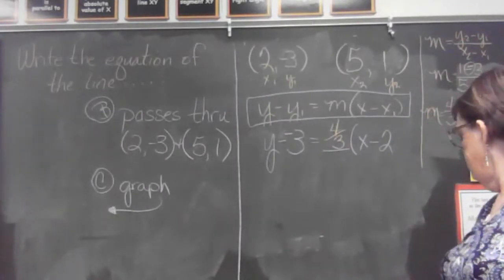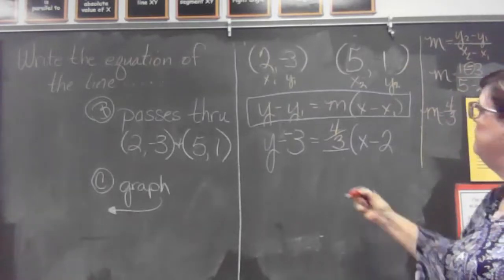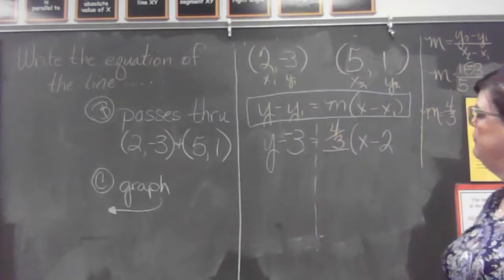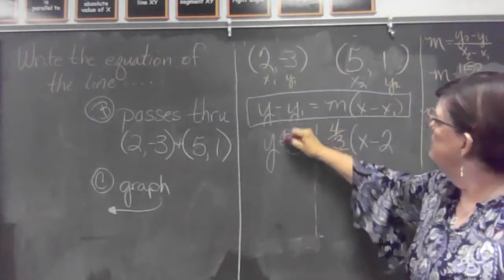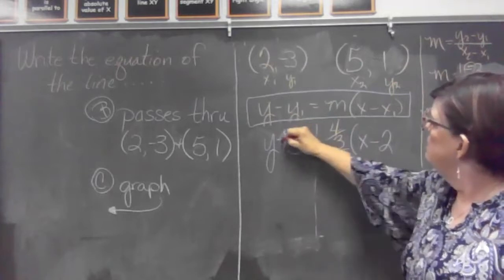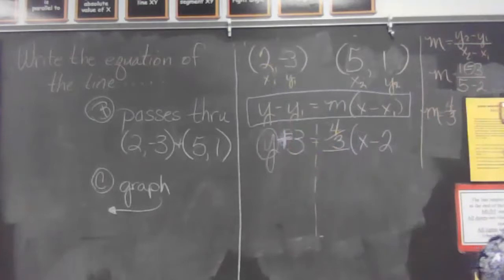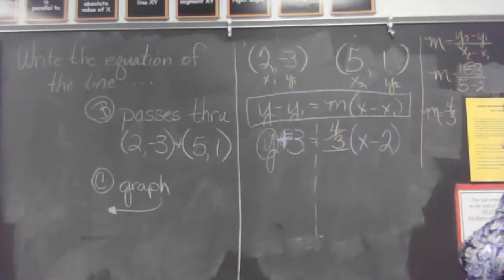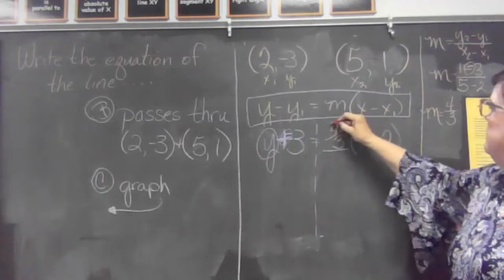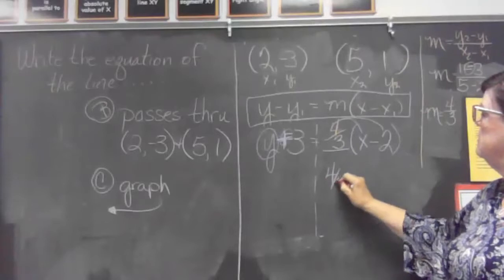So now you have, are there not any questions? So now we're going to solve for y. The first thing I like to do, if I see 2 negatives, I want to make that a plus so it's out of my way. Okay, now if I'm going to solve for y, I know that I have to take care of the parentheses first. So I'm going to do the distributive property again, and I have 4/3.